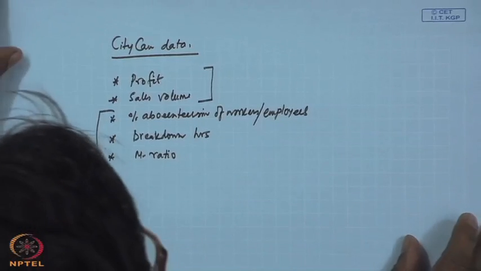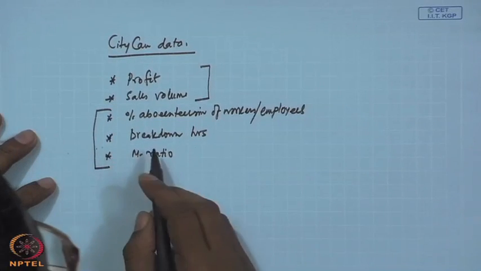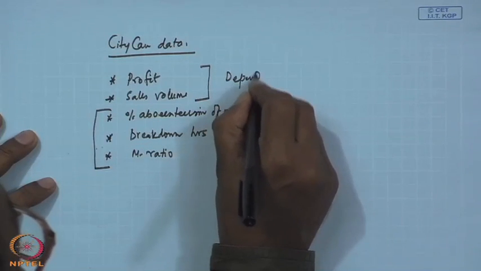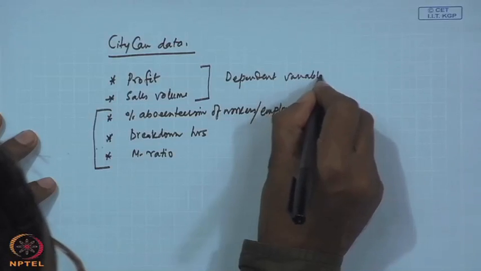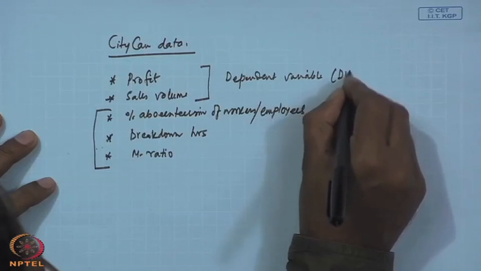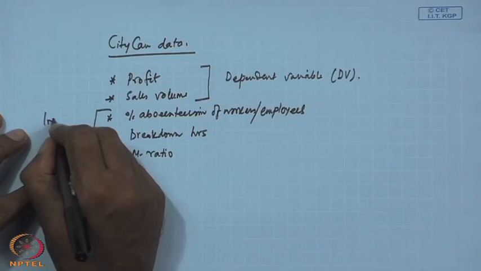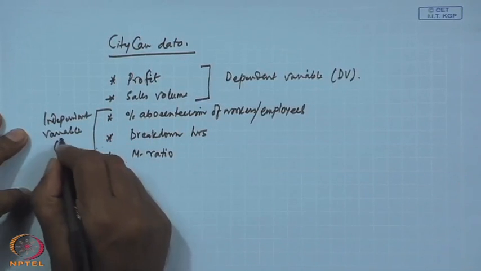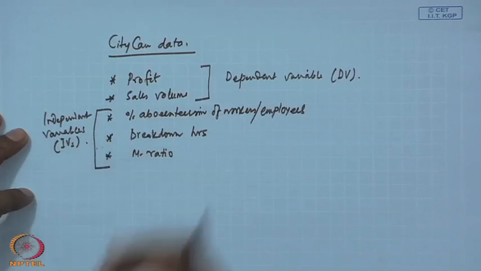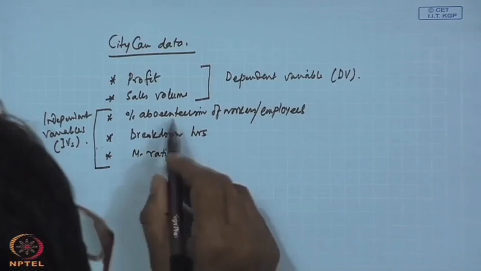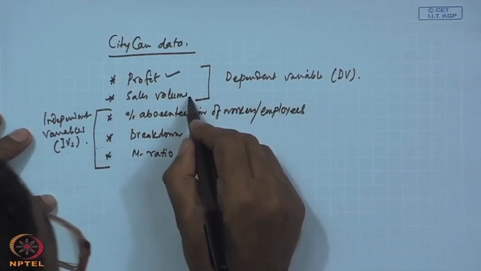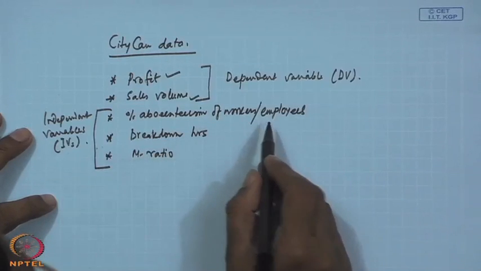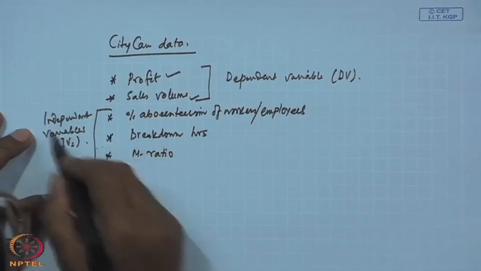If this is the case, then under this situation there are two types of variables, one called dependent variable or DV, another set is known as independent variables, IVs. So, in this case profit is one dependent variable, sales volume is another dependent variable, and there are three independent variables like absenteeism, breakdown hours and M ratio.